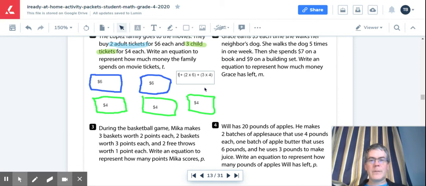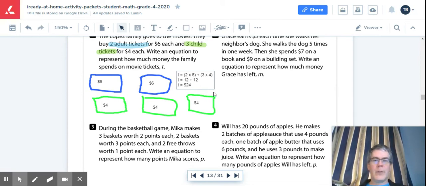As I solve that, T is going to equal 12 plus 12. Finally, T equals $24.